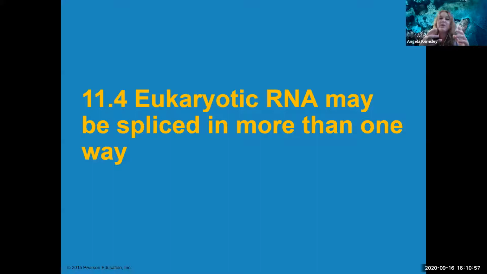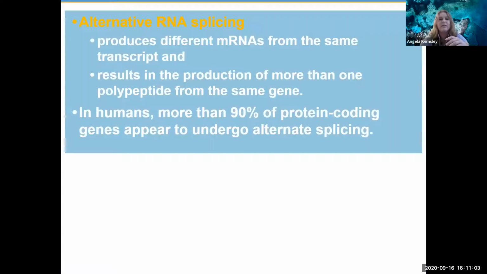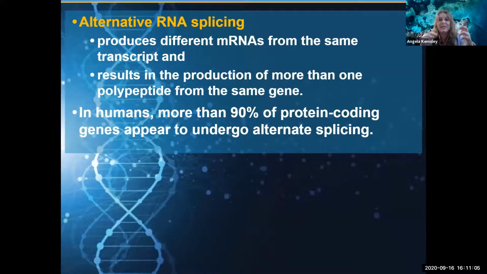And it's possible, though, that they don't all get spliced. They don't all have those non-coding regions removed in the same way. We call that splicing, where we're taking out the non-coding regions. And there's something that's known as alternative RNA splicing. That's where different regions are spliced, different regions are taken out. So it produces different mRNAs from the same transcript.